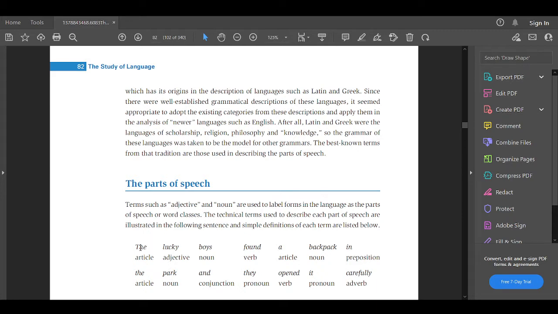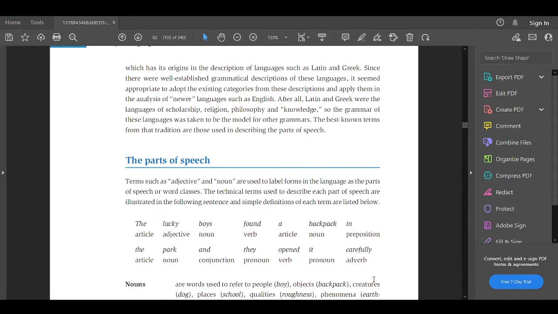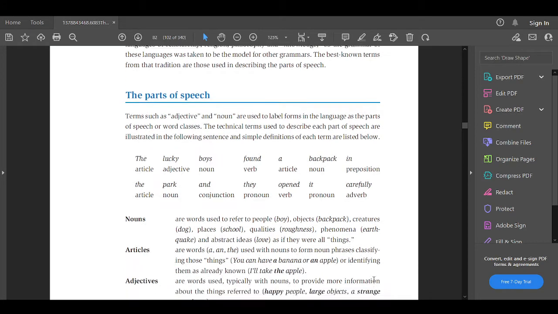In, preposition. The article, park, noun, and conjunction. They, pronoun, like he and it as the other one. And we have open, verb, carefully, ly, adverb. So many parts of speech. Let's go one by one.